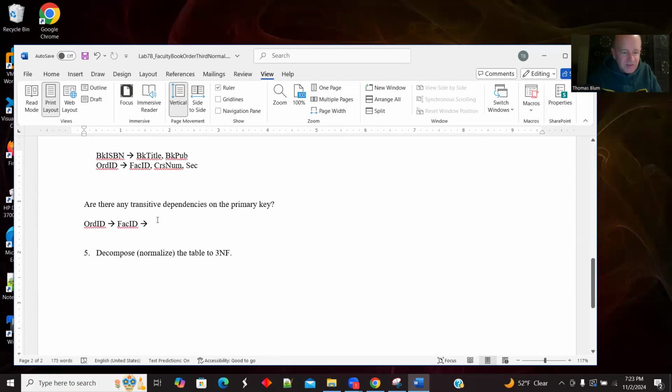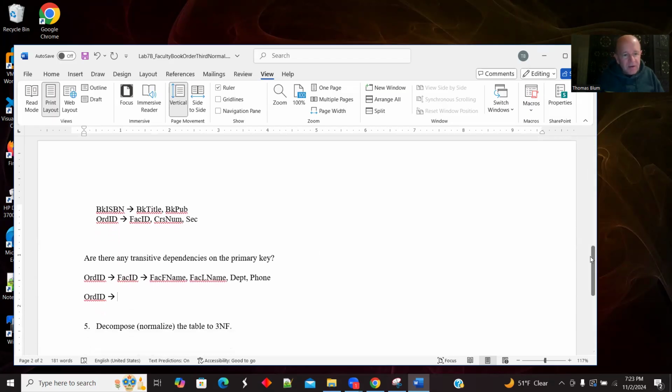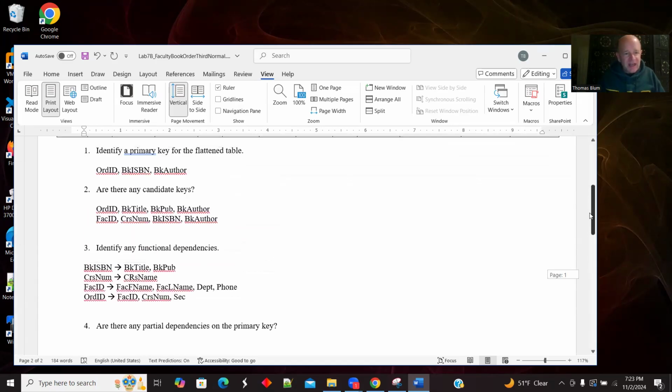So that's a transitive. And then the order ID was telling us the course number, which was telling us the course name. So that's a transitive, one thing determining the other. Anything else up here we see as transitive?